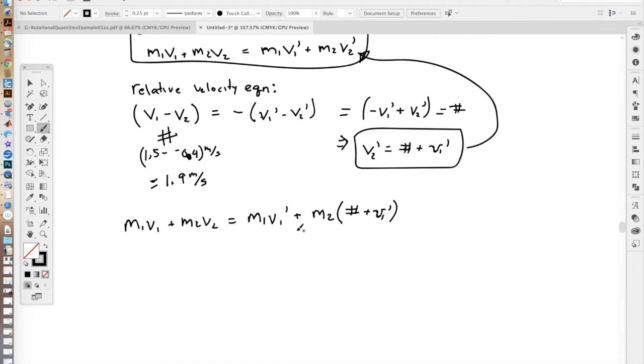Okay, so now we have an equation in terms of the knowns. m1 is known, m2 is known, number is a known quantity, and we just have one unknown, v1 prime.